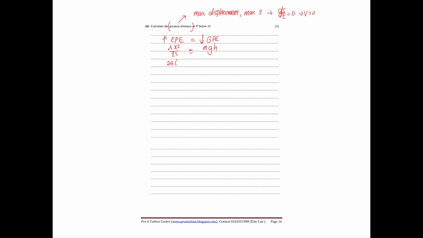We don't know the extension, so we need to find out. Let's call it x. It's a new extension actually. So over 2 times L, 0.6, equal to mgh, 0.3 times 10 times the height.